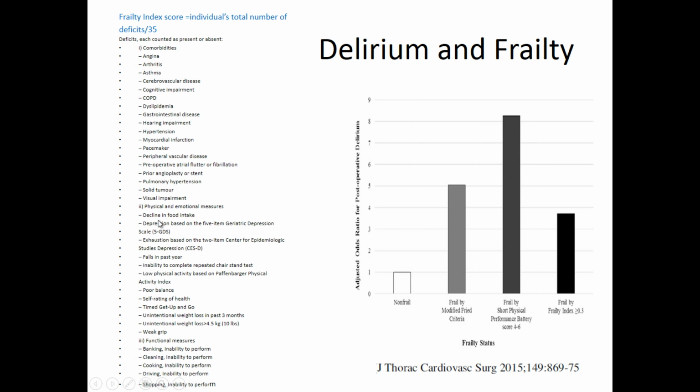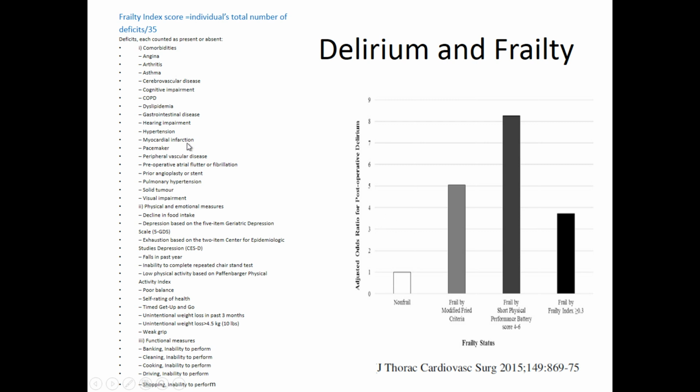But if you add them up and then divide by 35, you come up with a score. And in this case, if you have a score that's greater than or equal to 0.3, which would be about 11 or 12 of the elements on this scale, then your odds ratio for developing postoperative delirium exceeds 3.